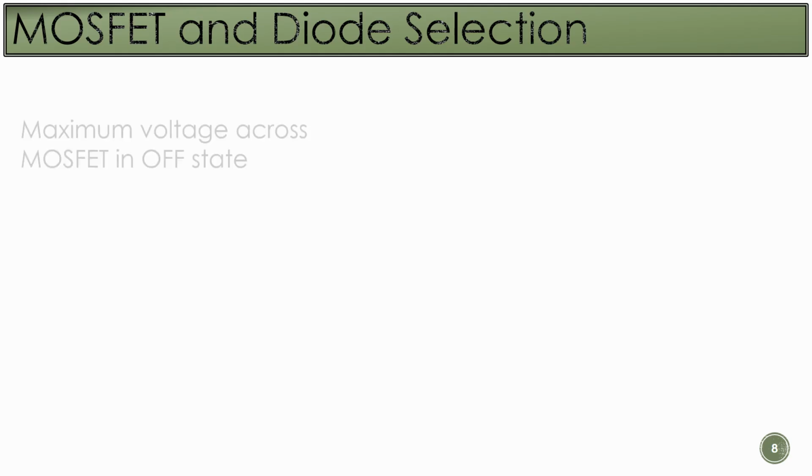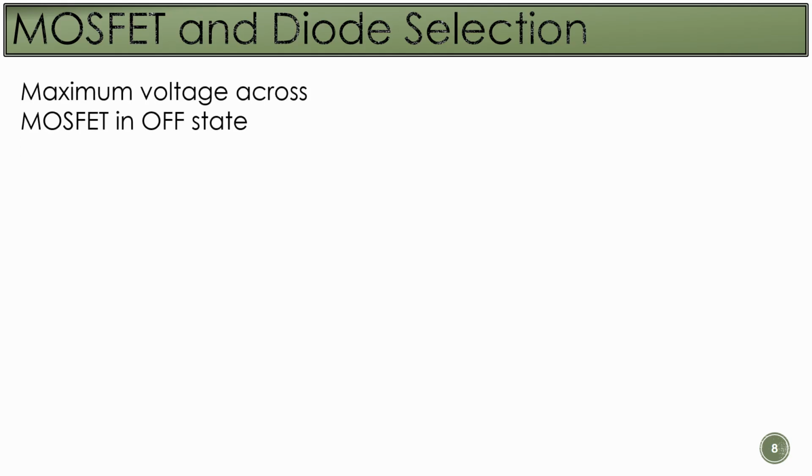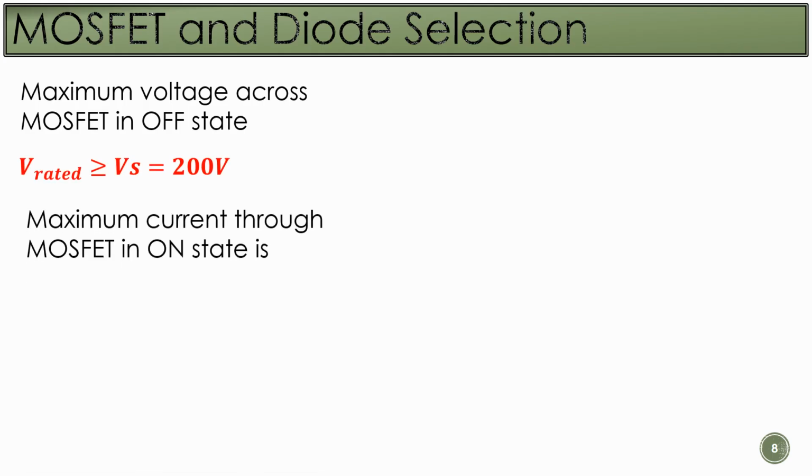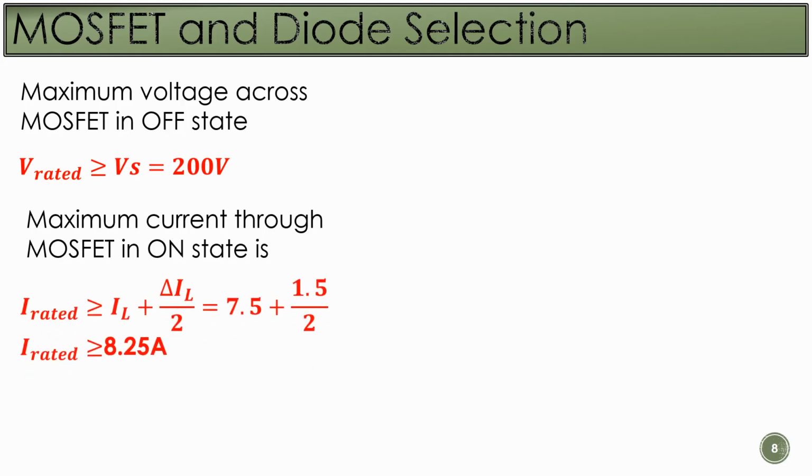Now let us see how we can select the MOSFET and diode. The maximum voltage across the MOSFET in the off state is equal to the source voltage. So the rated value of the MOSFET must be greater than 200 volt, that is the source voltage. The maximum current through the MOSFET in on state must be greater than IL plus delta IL by 2, that is IL, the average current, plus delta IL by 2, the peak value.